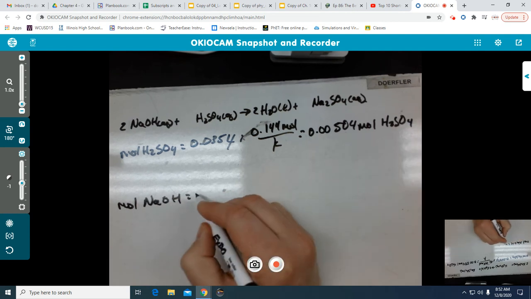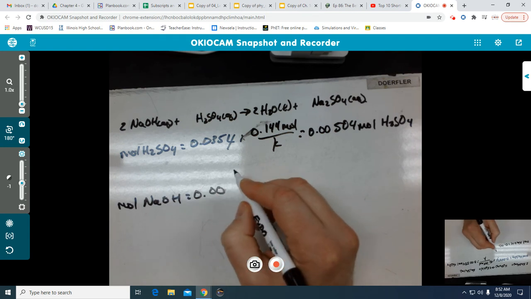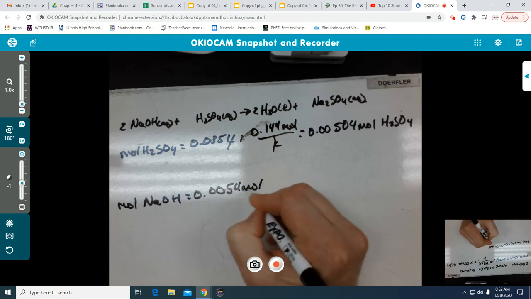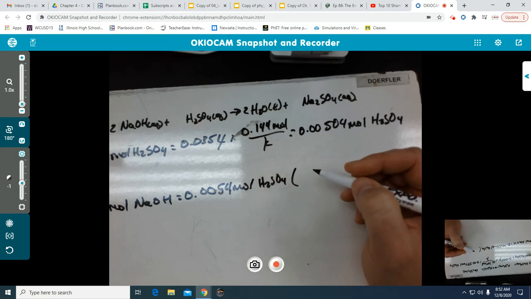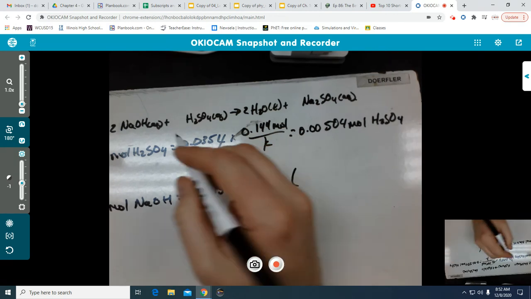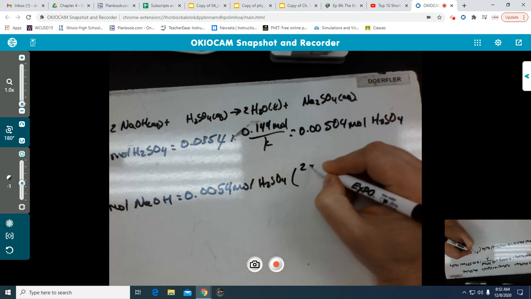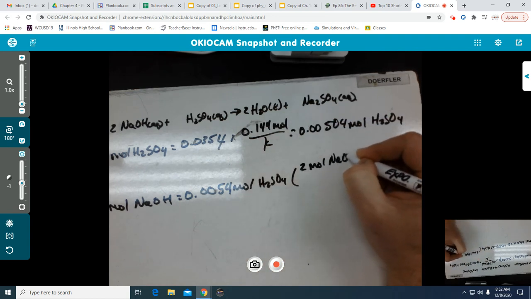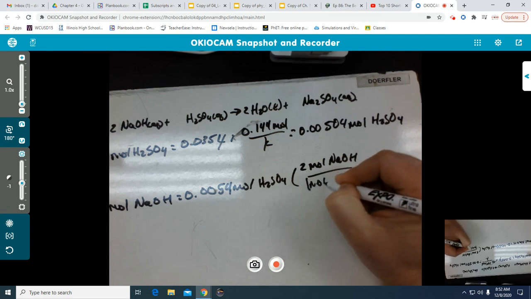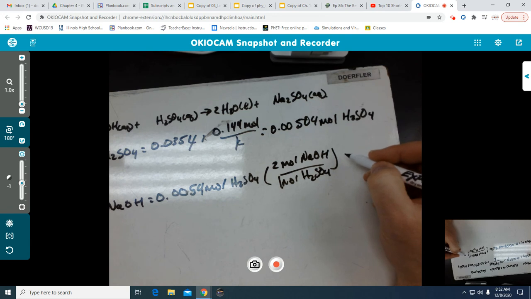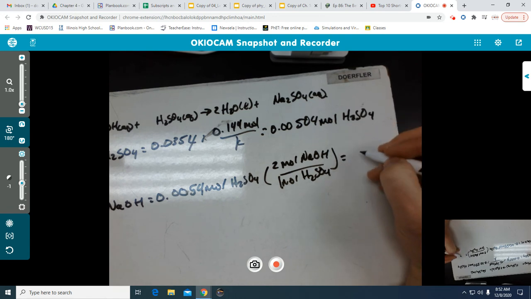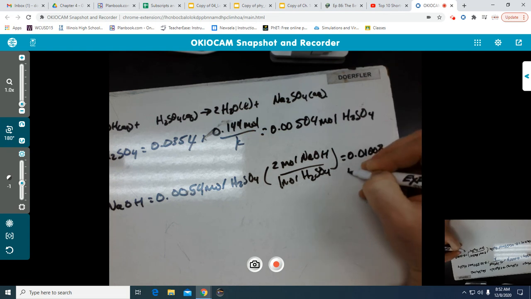We're going to take what we just calculated, 0.00504 moles of H2SO4, and use the mole ratio of the balanced chemical equation, 2 moles of NaOH over 1 mole of H2SO4. Calculate that out. You get 0.01008 moles of NaOH.